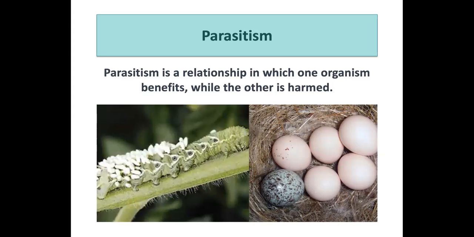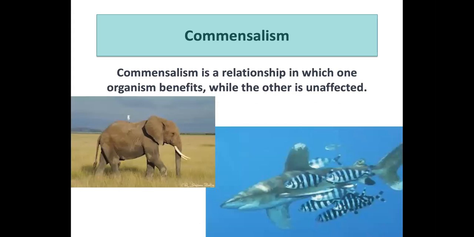An example of this would be a tick and a dog. The tick is benefiting and the dog would be harmed. And then last is commensalism. This is when one benefits, but nothing happens to the other one. One is benefiting, but the other one isn't benefiting, nor is it being harmed.